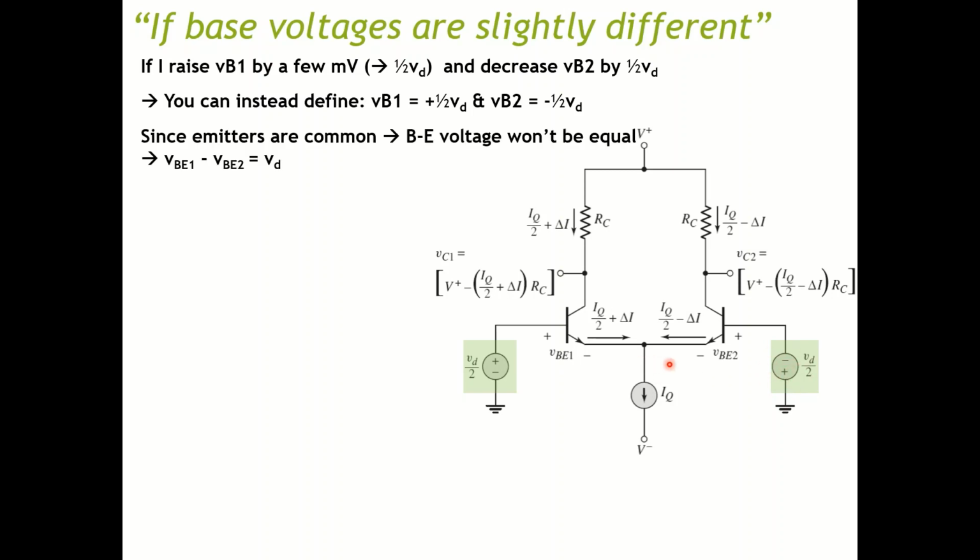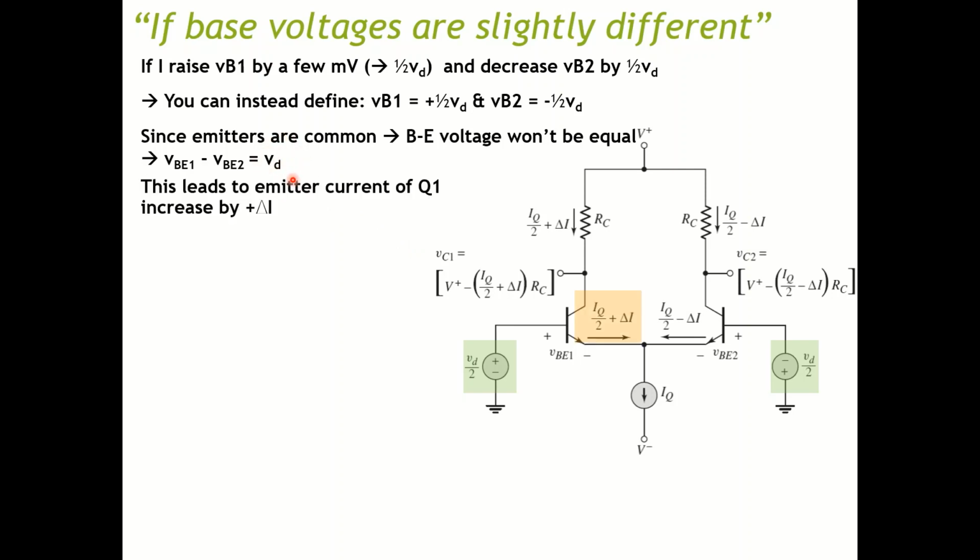Since the emitters are common, connected together in here, the BE voltages for the two transistors won't be equal. Precisely, VBE1 will be larger than VBE2 by the exact amount of VD.